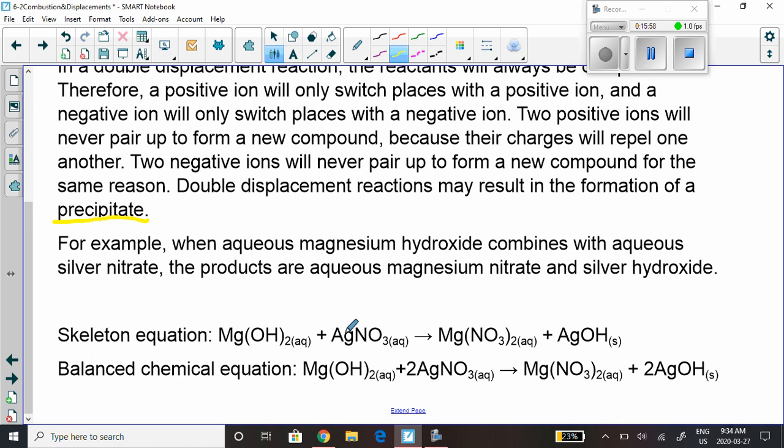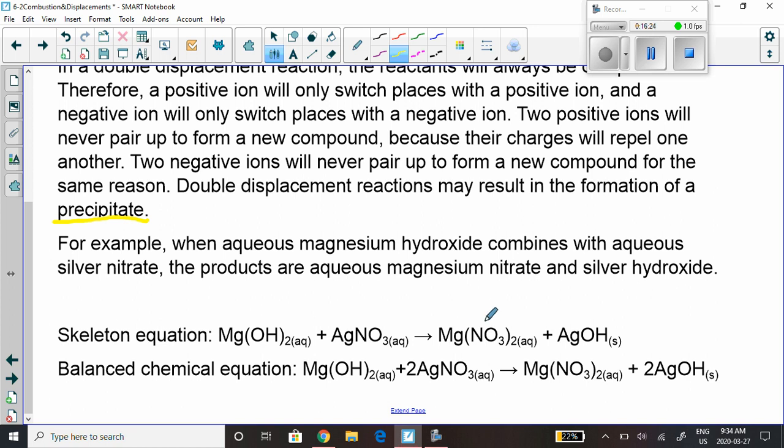Crisscross rule. So then what you have to do is take the silver and it's now going to be with the hydroxide. And then you would use the crisscross rule to come up with the appropriate formula. The magnesium is now going to be with the nitrate polyatomic ion. There it is, magnesium with the nitrate polyatomic ion.